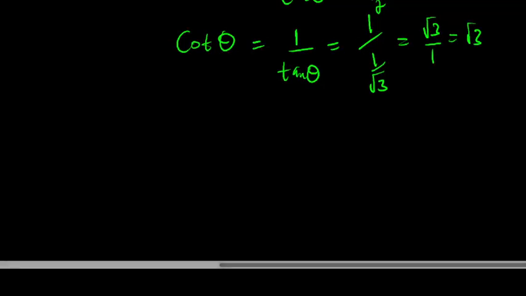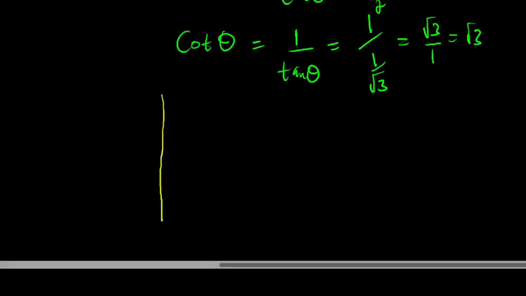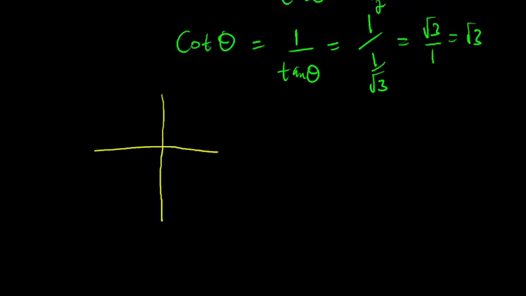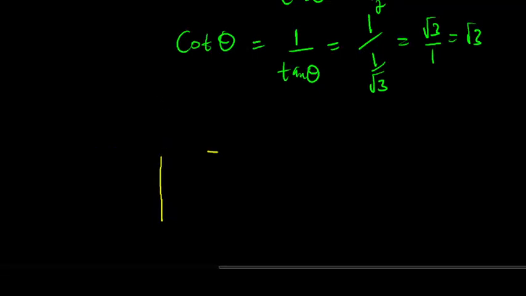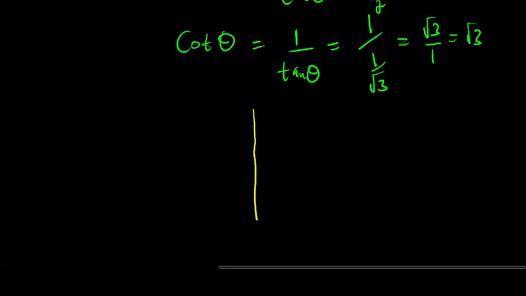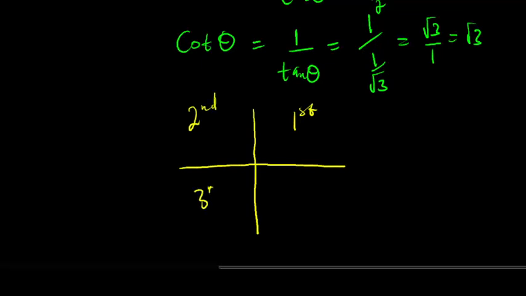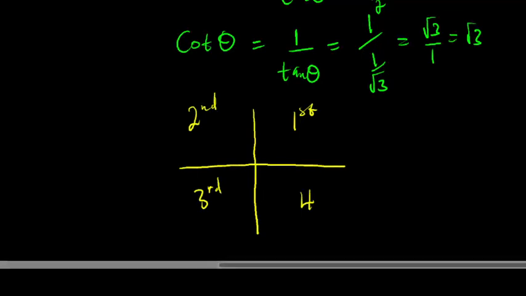Now let's go. We have 4 quadrants. Let me put it at the middle. So this is the first quadrant, this is the second quadrant, this is the third quadrant, and this is the fourth quadrant.